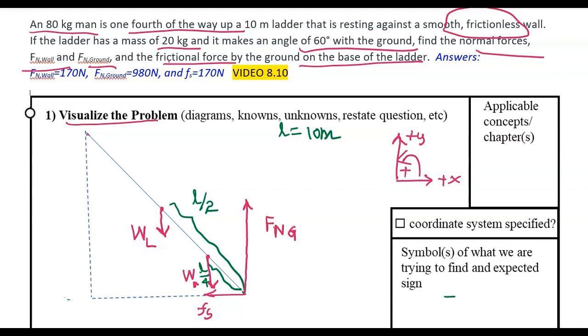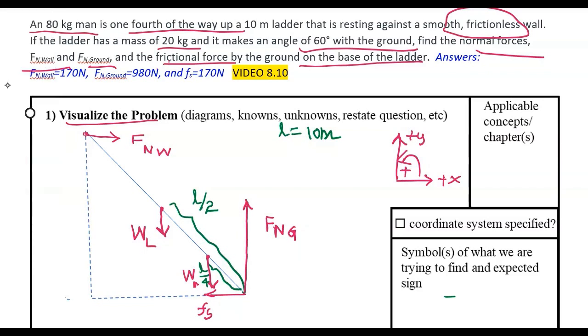So this is the normal force from the ground. And the ladder is not falling, therefore there needs to be another force balancing the ladder. So there is a force from the wall acting to the right. This is the normal force from the wall. So these are the forces acting on the ladder.